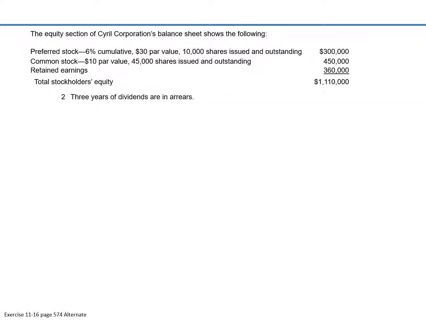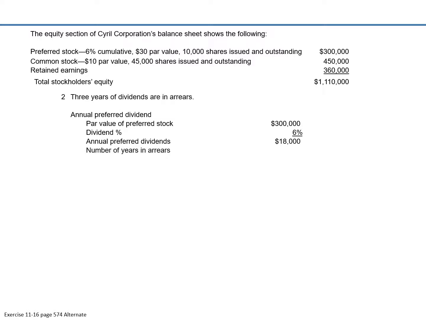All right, so then under the second scenario, they want us to assume 3 years of dividends are in arrears. So the annual preferred dividend, first let's compute that. So we have par value of $300,000. Our dividend percentage is 6%. So our annual preferred dividends are going to be $18,000, and they tell us we have 3 years in arrears. So our cumulative dividends in arrears is $54,000.